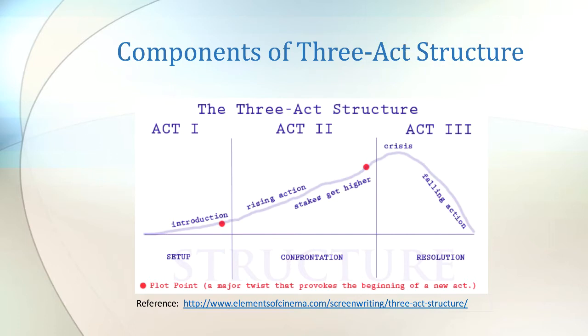But the two characters have some contention. They're not getting along for some reason. They're attracted to each other, but something happens. Well, that's Act Two. They get together, and then they break up, and then they get together again.